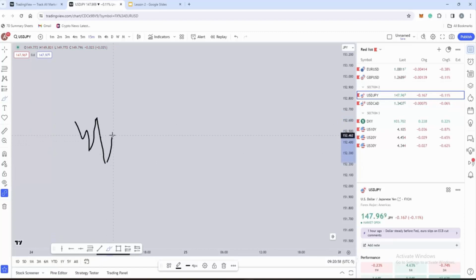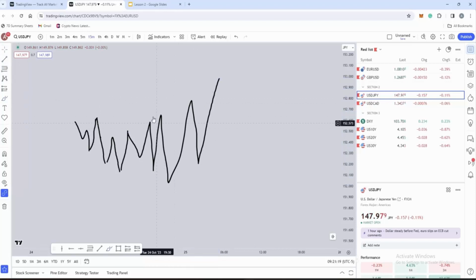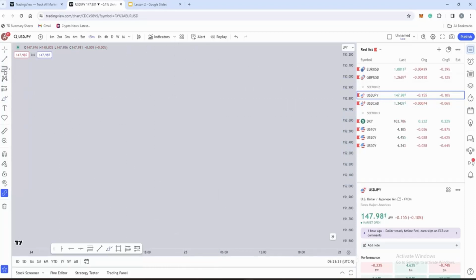Price will go up, fill this inefficiency, come back down, take out this sell side. Next you can imagine, price will go up, take out this buy side, and keep going lower. Buy side, sell side, buy side, sell side. Sometimes it will go to an inefficiency and continue higher, taking out the buy side. Price is just going from liquidity to liquidity, or going to fill an inefficiency. That's the only two things that it's doing.